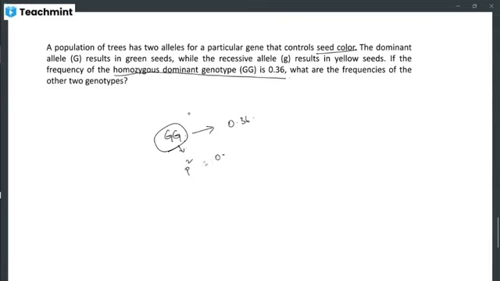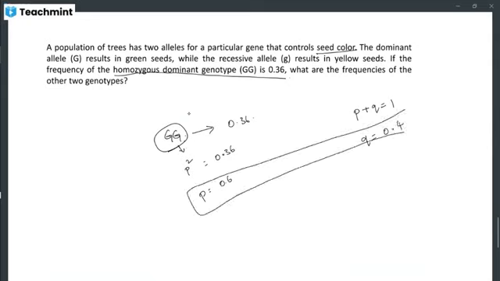So p square is 0.36, so your p will be 0.6. According to the Hardy-Weinberg law, p plus q will be 1. So if p is 0.6, then q will be 0.4.